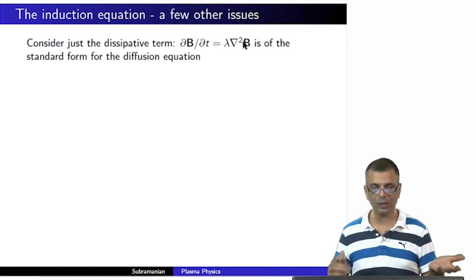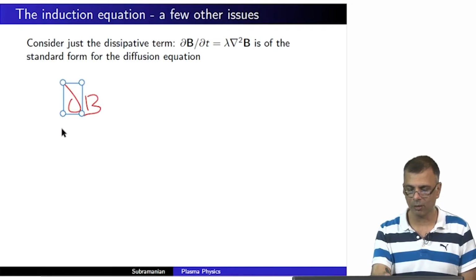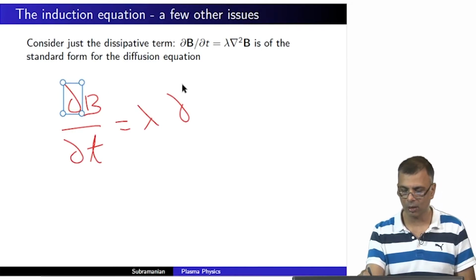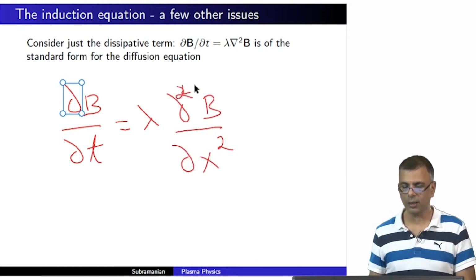In one dimension, this would be dB dt equals lambda d square B dx square. This is a diffusion equation, isn't it?